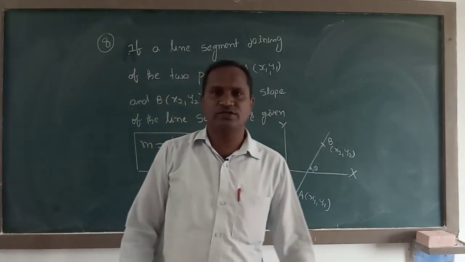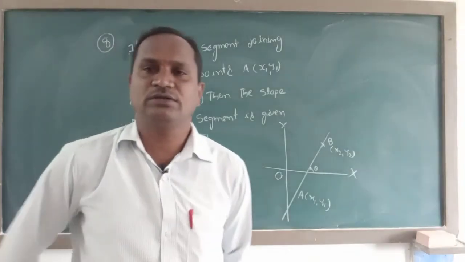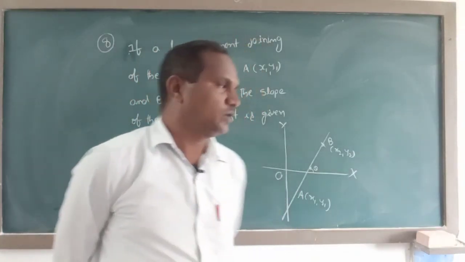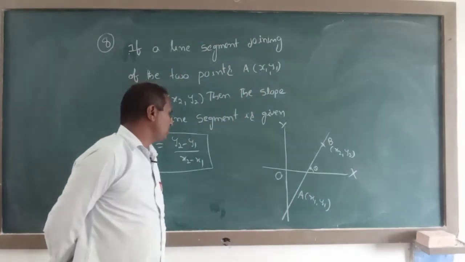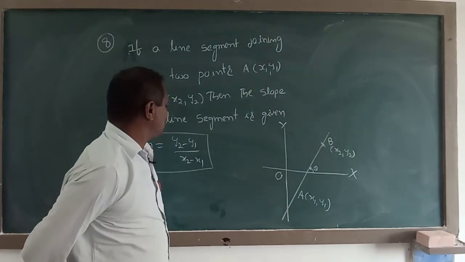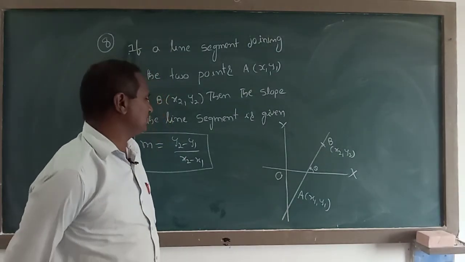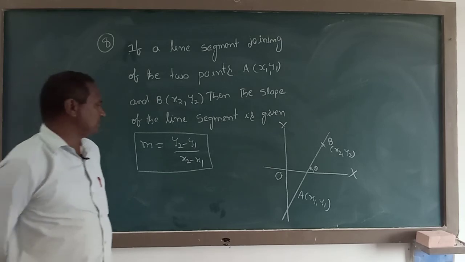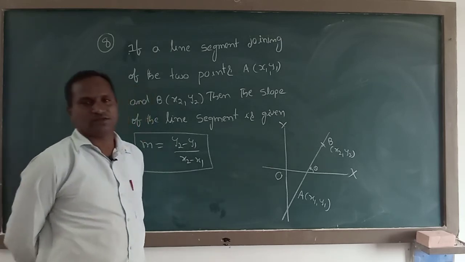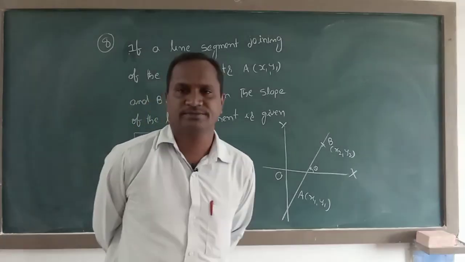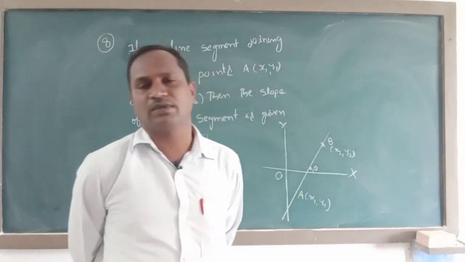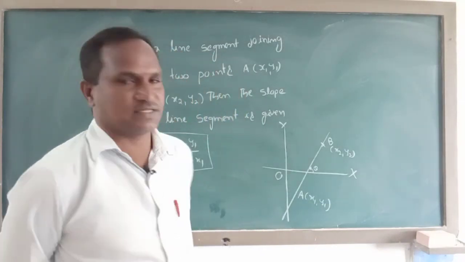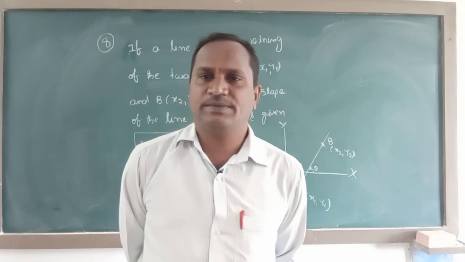If a line segment joins the 2 points x1 y1 and x2 y2, at that time we have to apply this formula m is equal to y2 minus y1 by x2 minus x1. That is the difference of y coordinates divided by the difference of x coordinates. Like that we have some important notes today.